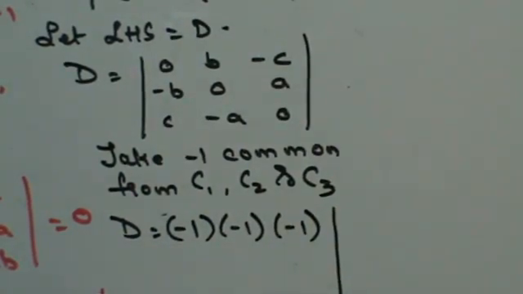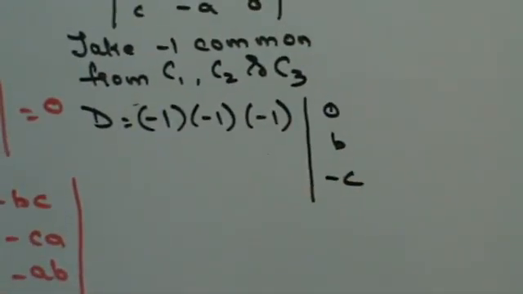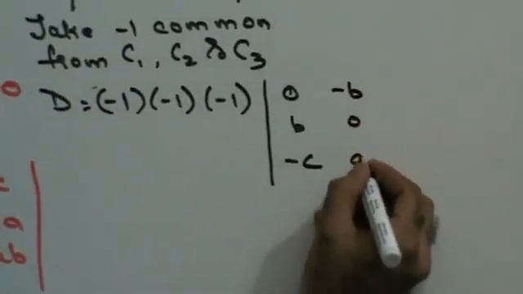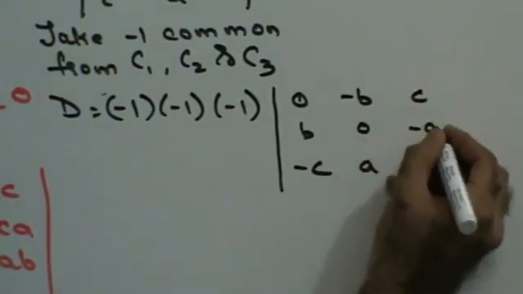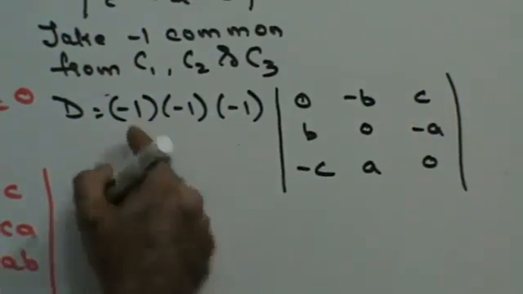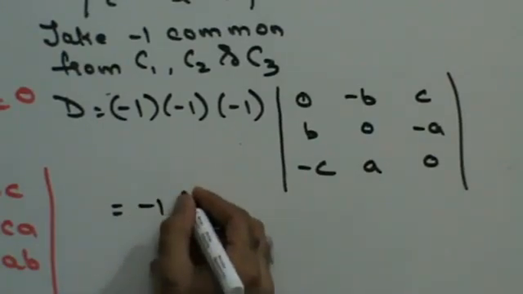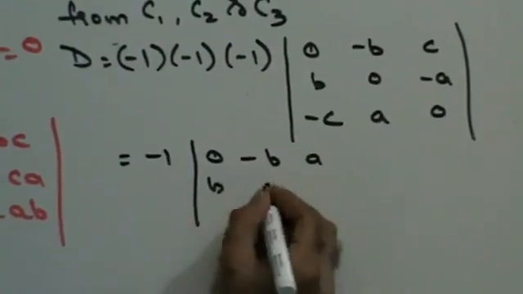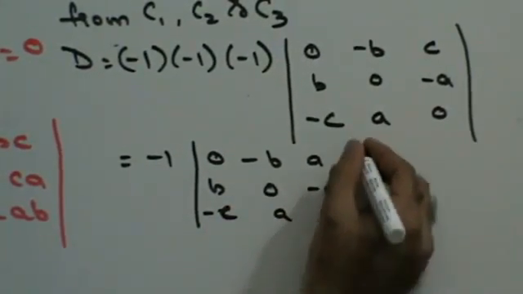I'm taking minus 1 common from the first column, so all the signs of the first column will change. Same for the second column and the third column. Minus 1 into minus 1 plus 1 into minus 1 is minus 1. So 0, minus B, A, B, 0, minus A, minus C, A, 0.